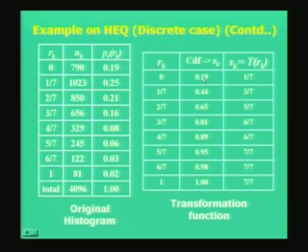It basically means that all gray level values of 0 in the original image should be transformed to 1 by 7.